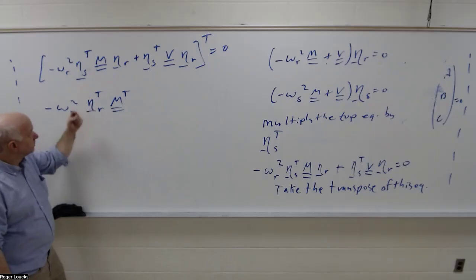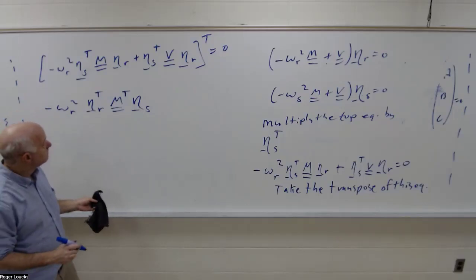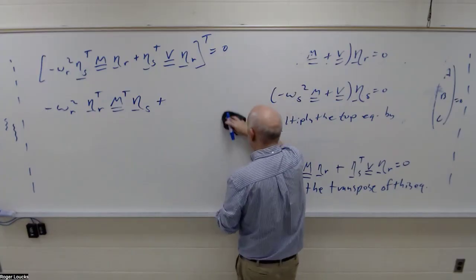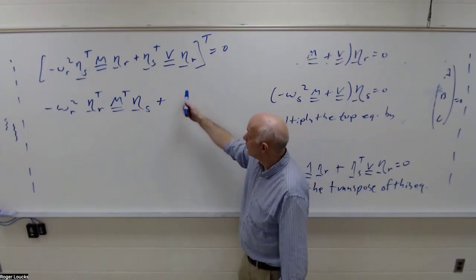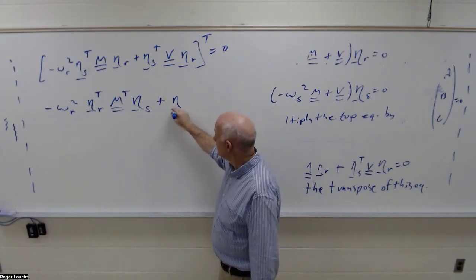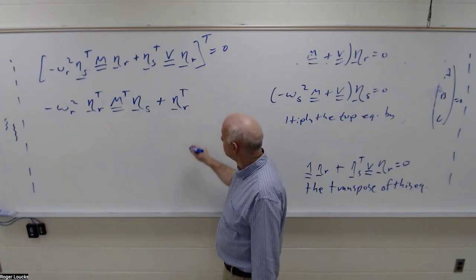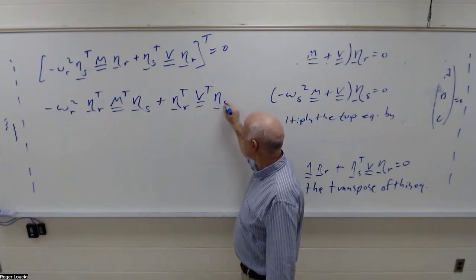I get the same thing, so this becomes eta s. Plus, now you tell me what happens to the next one. This one becomes eta r transpose, V transpose, eta s, equals 0.